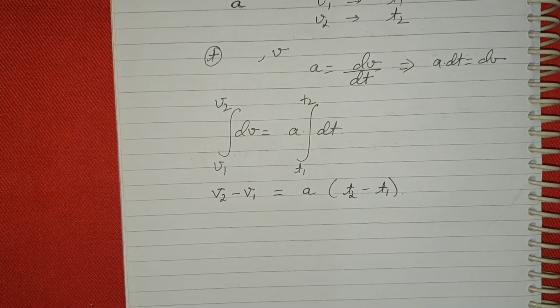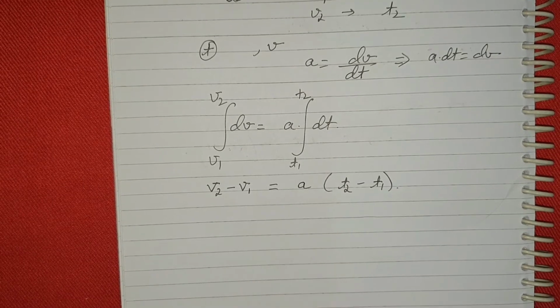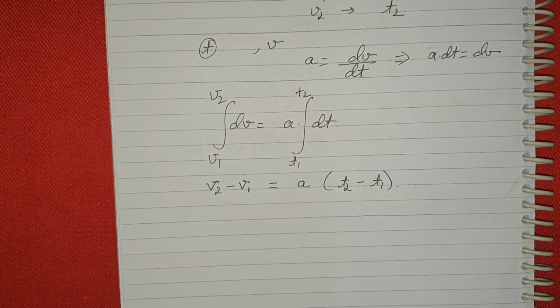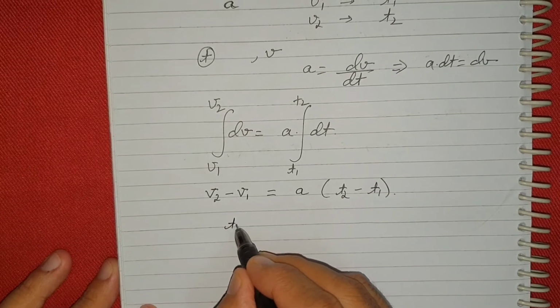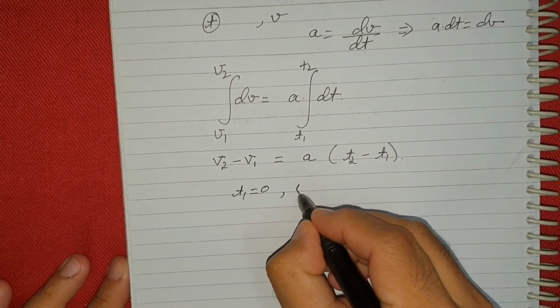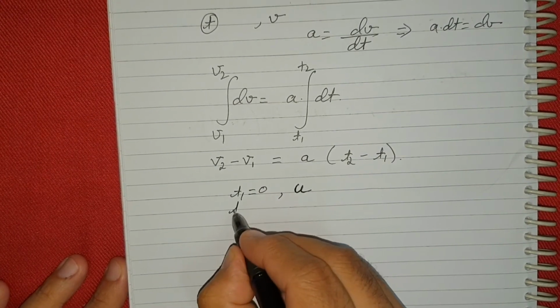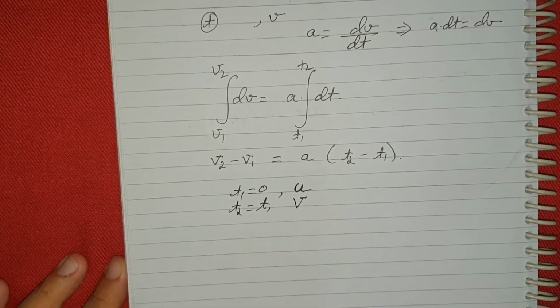Now, as you can see, this equation is the same as the equation which we had shown earlier, v equals u plus at. If you consider time t1 as 0, then this is the initial velocity u, and at t2, meaning at t, let the final velocity be v.